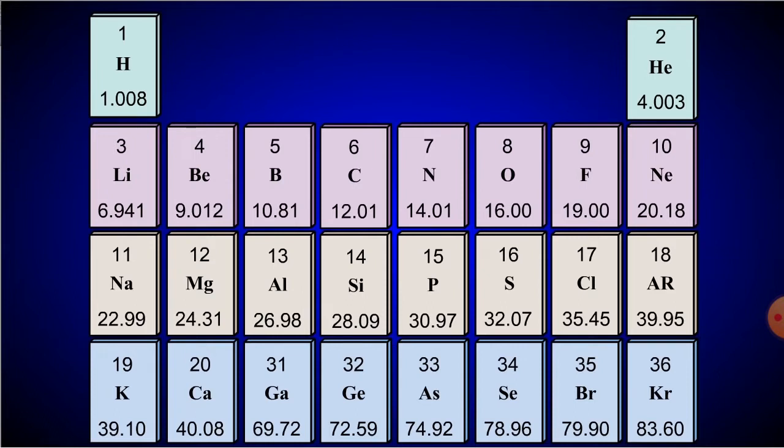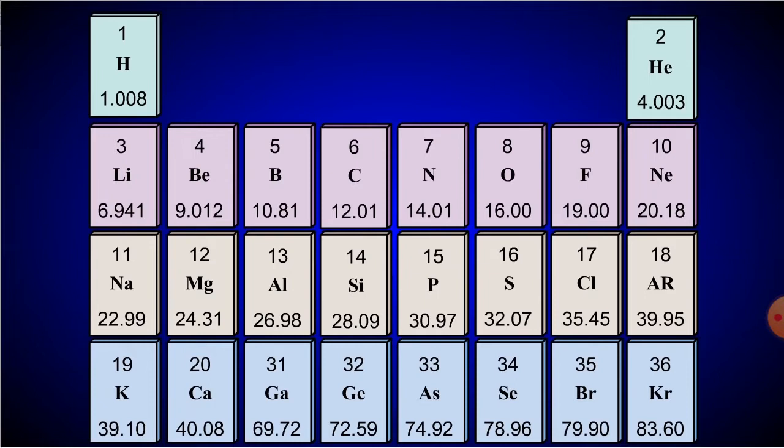Now in the neutral atom, what is the very important property for protons and electrons? This is very stable in all atoms. In the neutral atom, the protons and the electrons are equal in number. They have opposite charge.